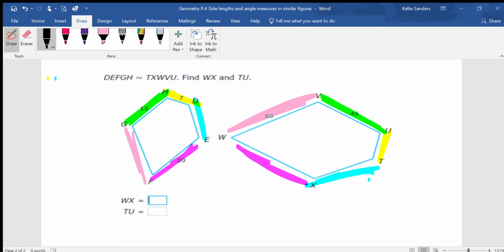WX is the purple, so I'm going to use the 20 and the other purple. So I'm going to use 15 and 20 because they come from the same shape. I'm going to put the 45 underneath the 15 because they're both green, and I'm going to put WX underneath the 20 because I don't know what it is. Then we cross multiply and divide.